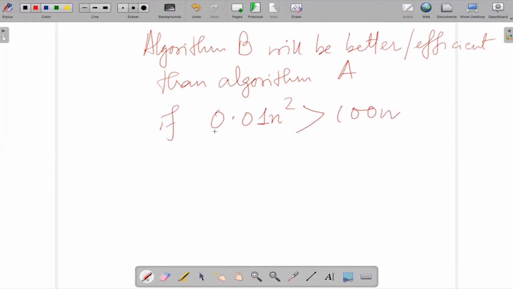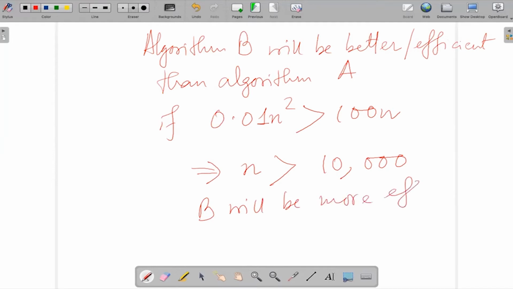If you divide both sides by 0.01 n, then for n larger than 10,000, B will be more efficient than A. That is why we were saying that B will be better than A eventually, for large n. This is what we mean by eventually.